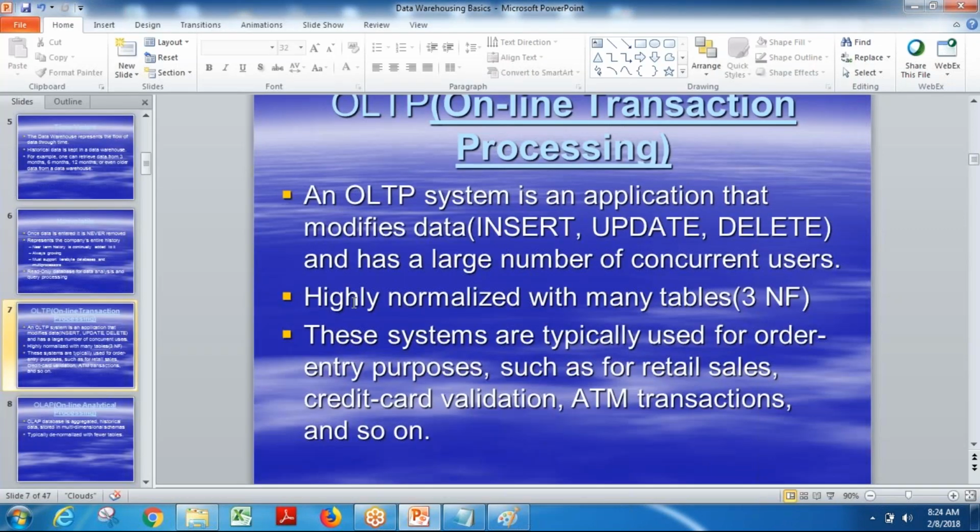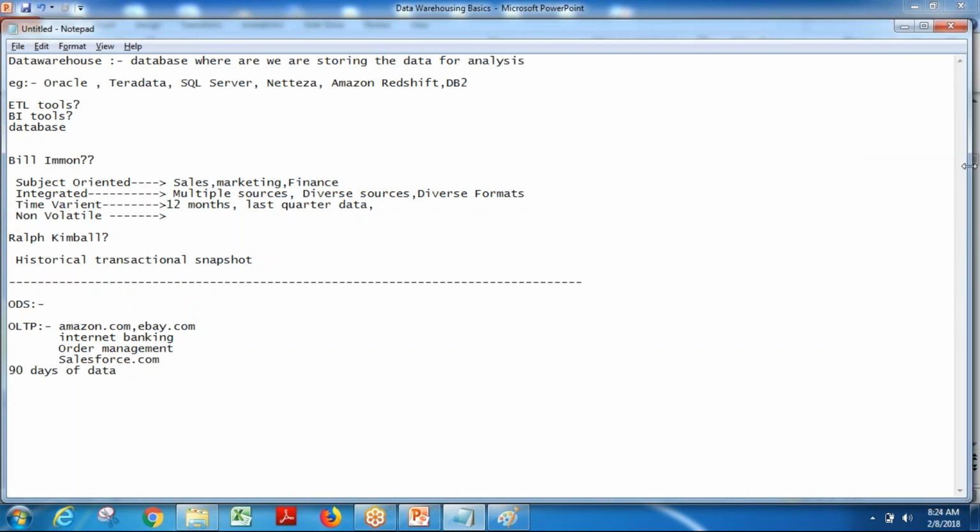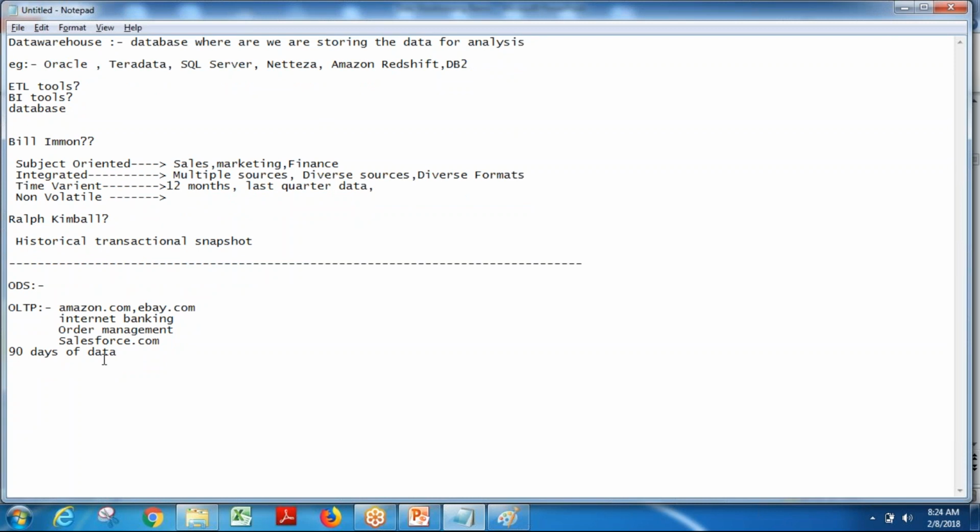It is a little historical data, not heavy historical data stored for years and years, but the last 30 days, 60 days, or 90 days of data. It's just an example that I'm taking here.